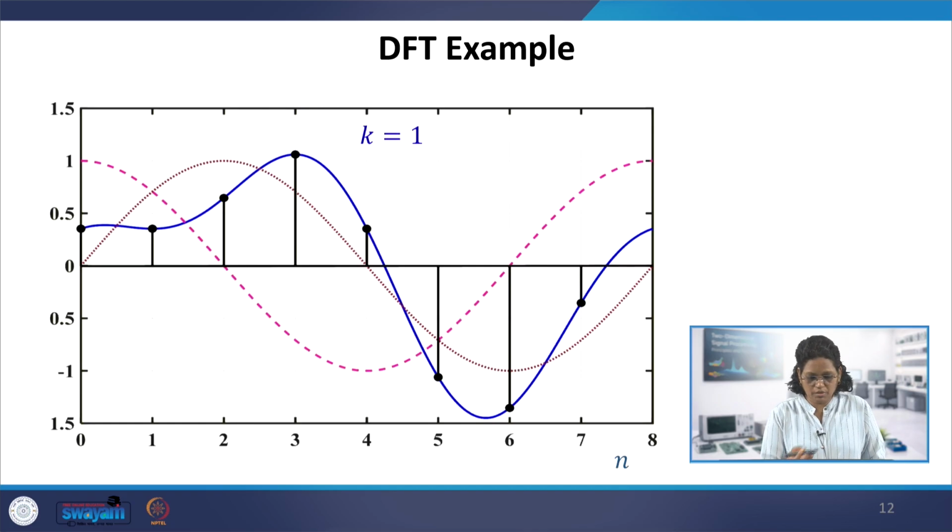And we also compute k equal to 3, 4, 5, 6, up to 7 and see the results also. For k equal to 1, what we did here is the signal, and k equal to 1, the fundamental sine wave and fundamental cosine. This is fundamental sine and fundamental cos, that is sine 2 pi k by n and cos 2 pi k by n.